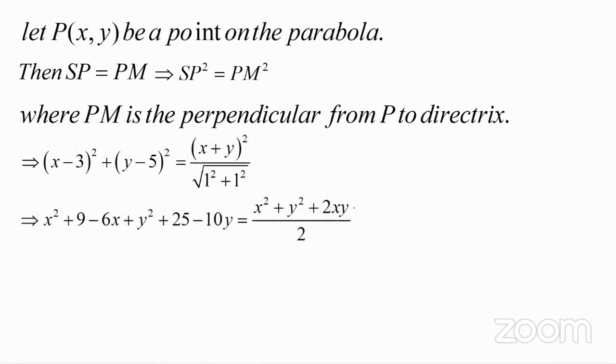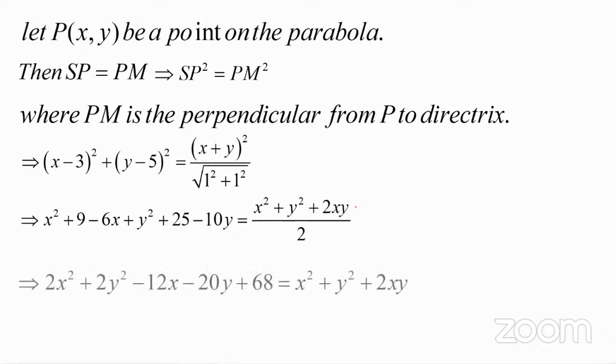So SP squared equal to PM squared. Then (x minus 3) whole squared plus (y minus 3) whole squared equal to (x plus y) whole squared by the square of the root of (1 squared plus 1 squared), which is the coefficients of x and y. Then simplify, using (a minus b) whole squared. You will get x squared plus 9 minus 6x plus y squared plus 25 minus 10y equal to the right hand side, (x squared plus y squared plus 2xy)/2.